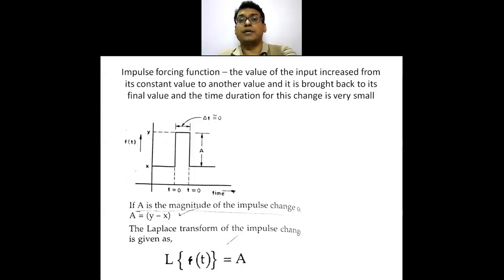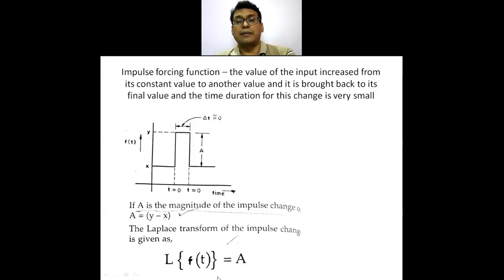So for this impulse forcing function, the value of the input increases from its constant value to another value, and it is brought back to its final value, and the time duration for this change is very small, negligible.